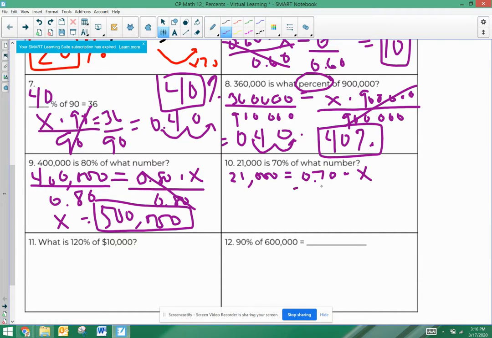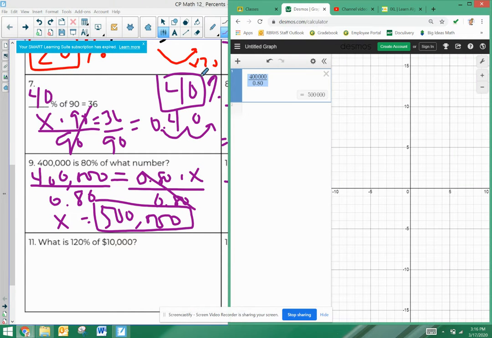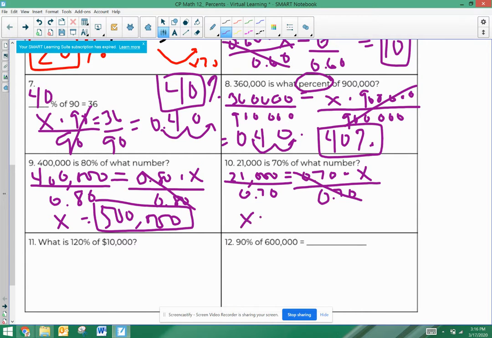X. Divide by 0.70. Let's see what that gives us. 21,000 divided by 0.70. And that gave us 30,000. Oh, so that 3 did have something to do with it. Okay, and 30 is greater than 21. Looks good. Last two, the home stretch.